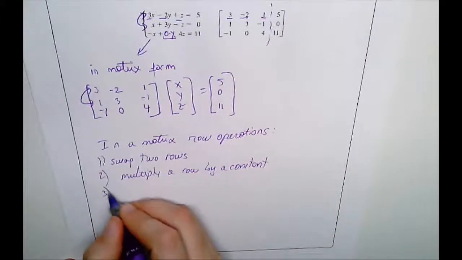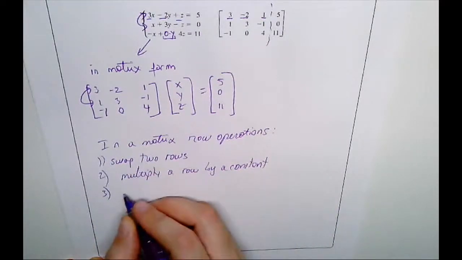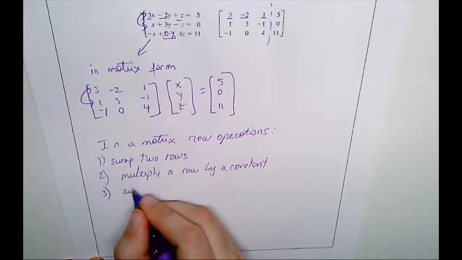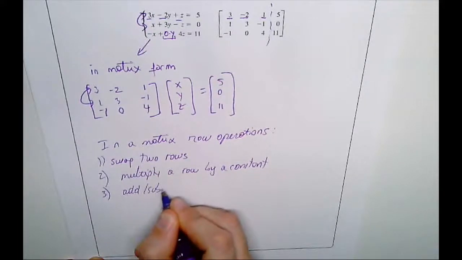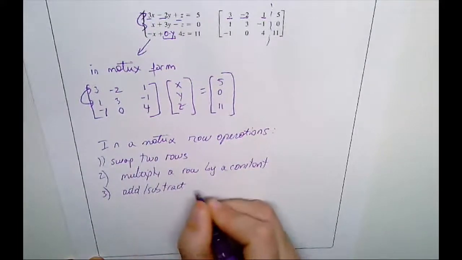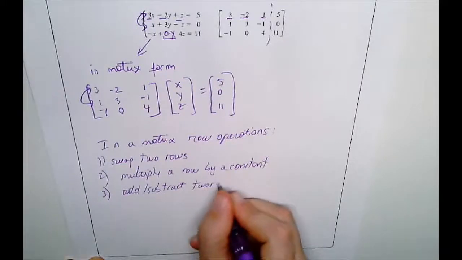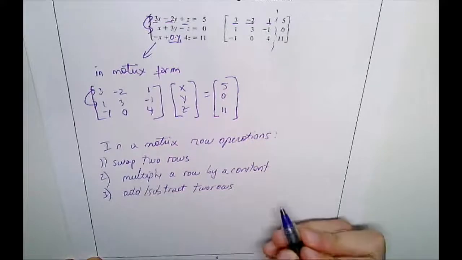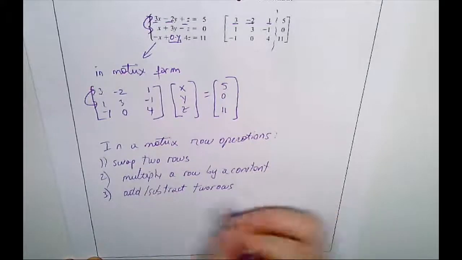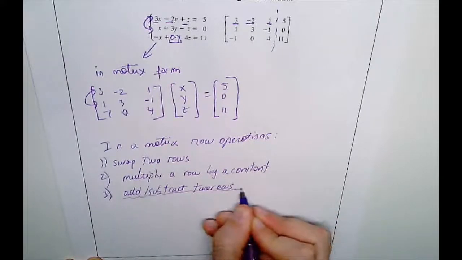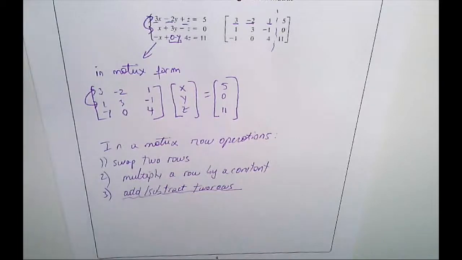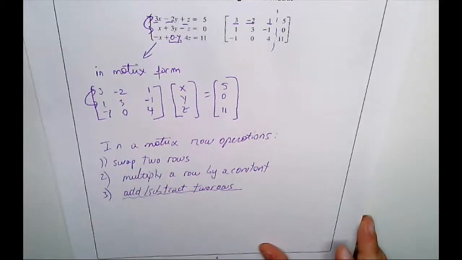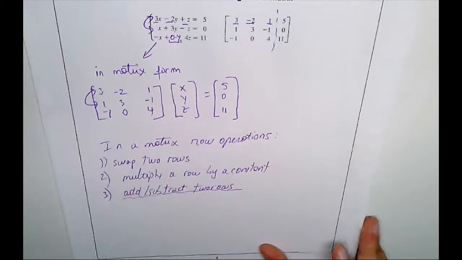And then I can add or subtract 2 rows, or one multiple of a row to another row. We'll talk about this on the next page. All right. So next we're going to look at how to solve systems using matrices.